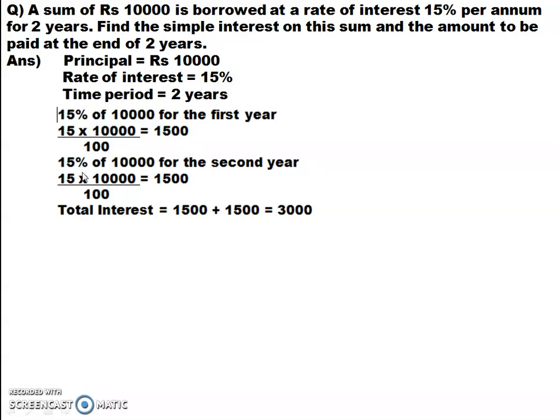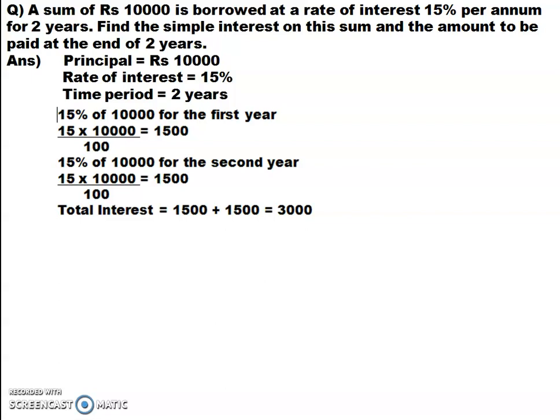For the second year also we did the same calculation, 15% of 10,000, and here also we got 1,500. So the total interest to be paid is 1,500 plus 1,500, that is equal to 3,000. Instead of calculating like this, we found a formula for simple interest.